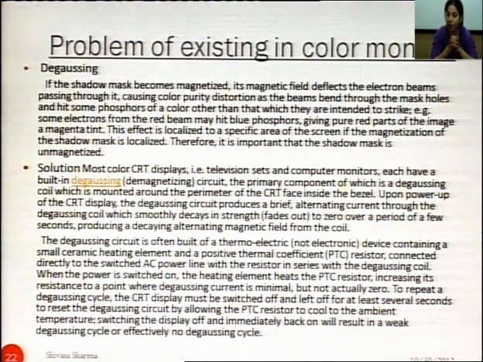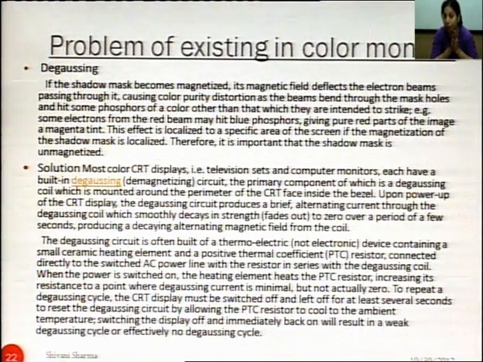For example, some electrons from the red beam may hit blue phosphor, giving pure red parts of the image a magenta tint. This effect is localized to a specific area of the screen if the magnetization of the shadow mask is localized. Therefore, it is very important that the shadow mask is unmagnetized.